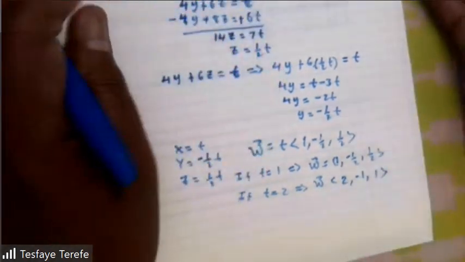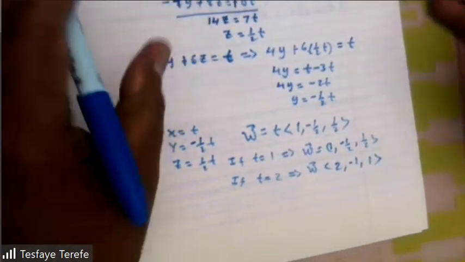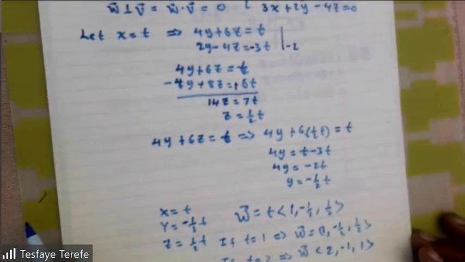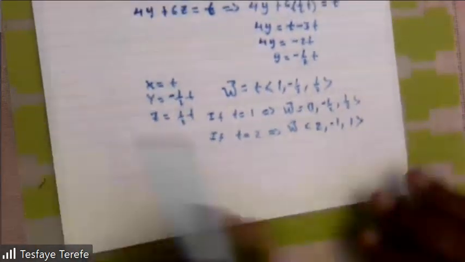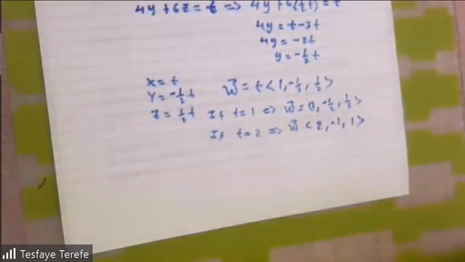When you have three unknowns and 2 equations, we have 1 degree of freedom. And then by setting that parameter, we have this many choices.